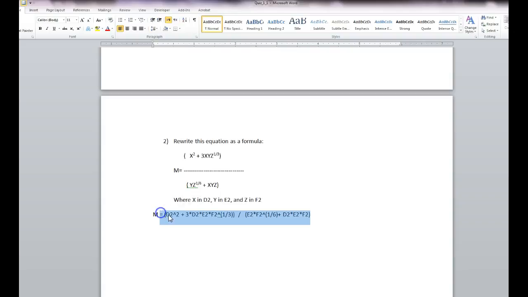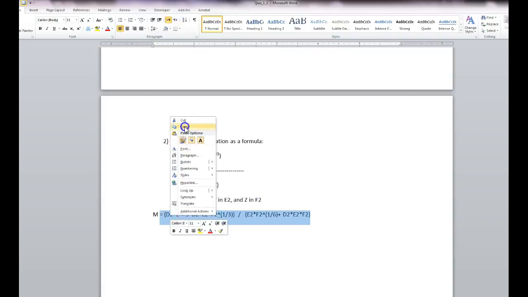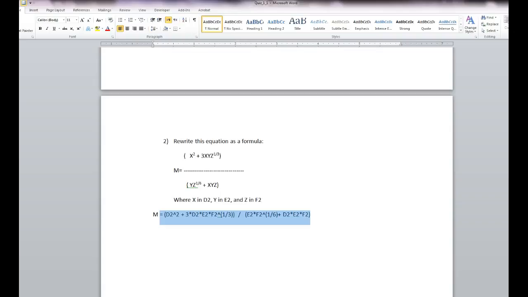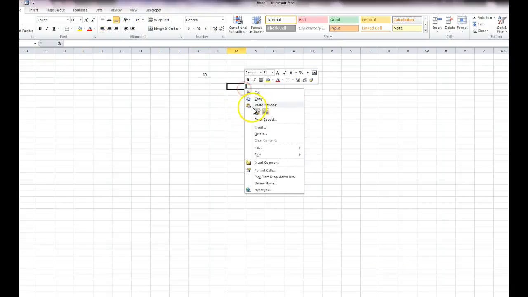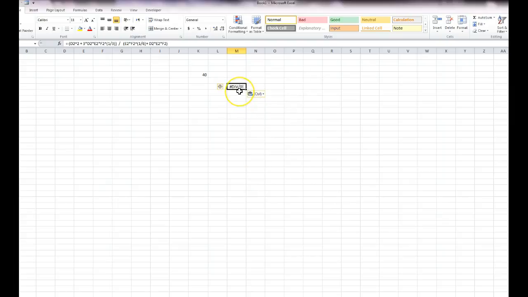Let me show you also, if we took this, copy this, and I go to Excel, and I stick that here, it's going to give me division by 0 because I didn't have any data for D2. Let's put 4. Then we have E2, let's say 3. Then we have F2, let's say another 3.